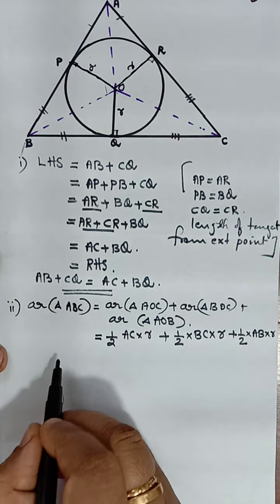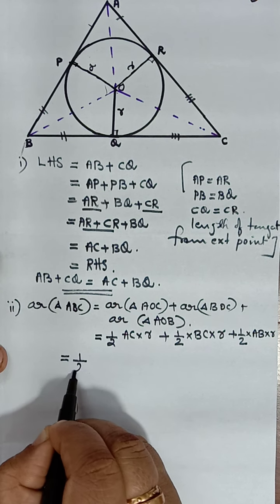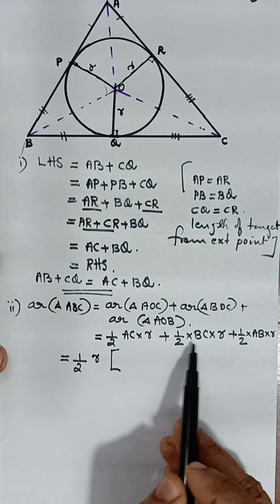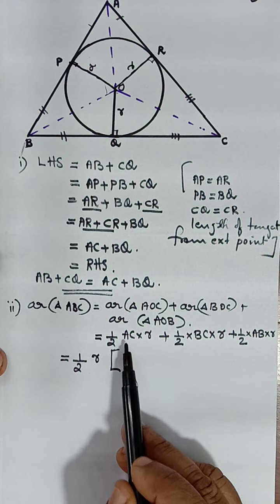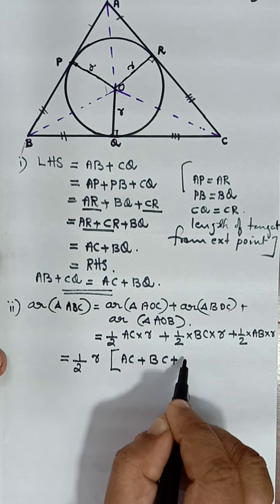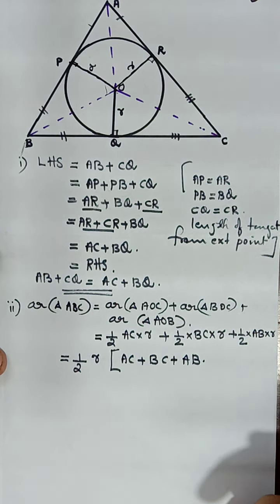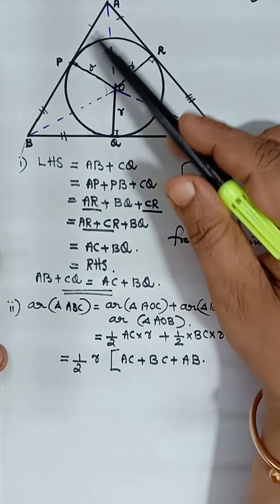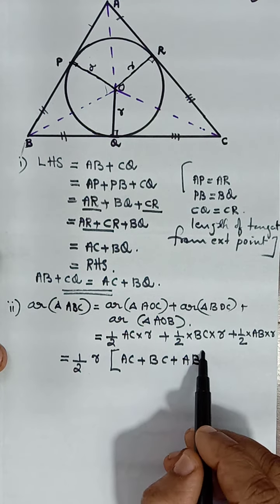Okay. Therefore, that's equal to half into radius is common. Is it? Half R is common in all the three cases. We are left with the AC plus BC plus AB. What is this? AC plus BC plus AB means it is called the perimeter.